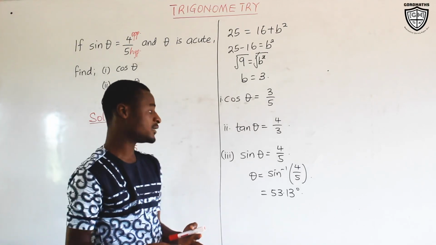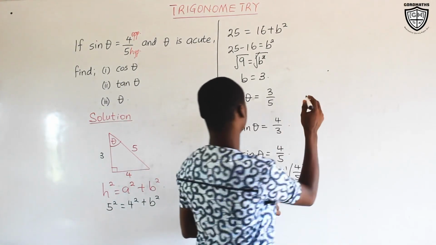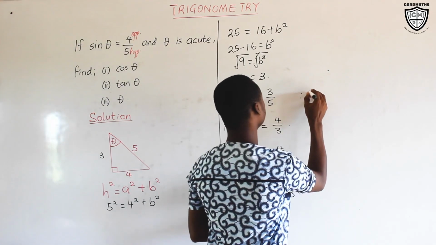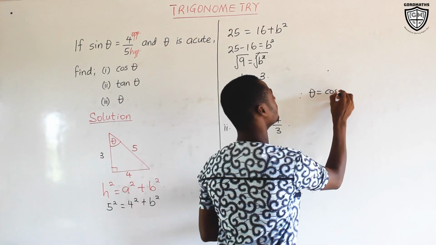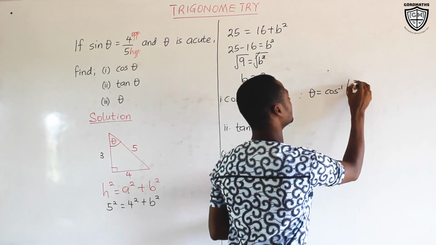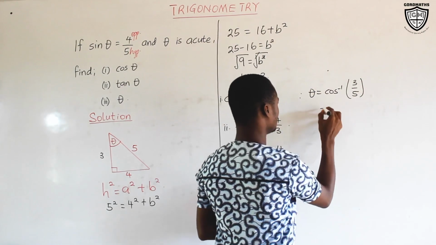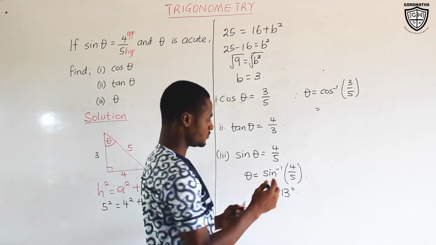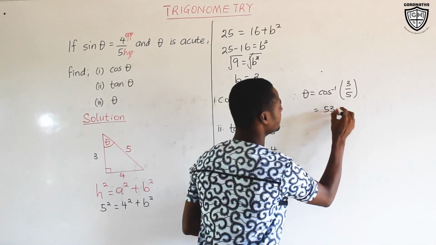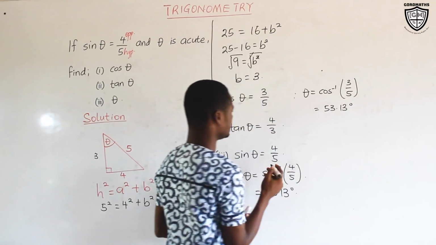Now, since we have cos and then tan, we could have also used cos theta or tan theta to find the value of theta. Let's verify that. So from this, theta will be equal to cos inverse of 3 on 5, and that is also equal to 53.13 degrees.